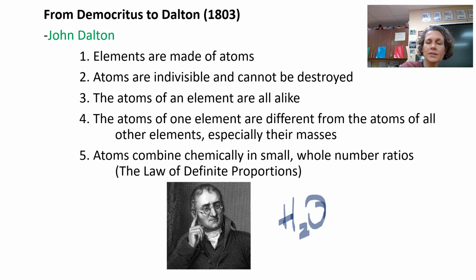As long as I have two H's and one O, then I know that I am dealing with water. Other compounds act the same exact way. As long as my ratio is correct, then I know that I have the same compound all the time. But also, specifically to him, they're small whole number ratios. So you can't have half an atom in a compound.